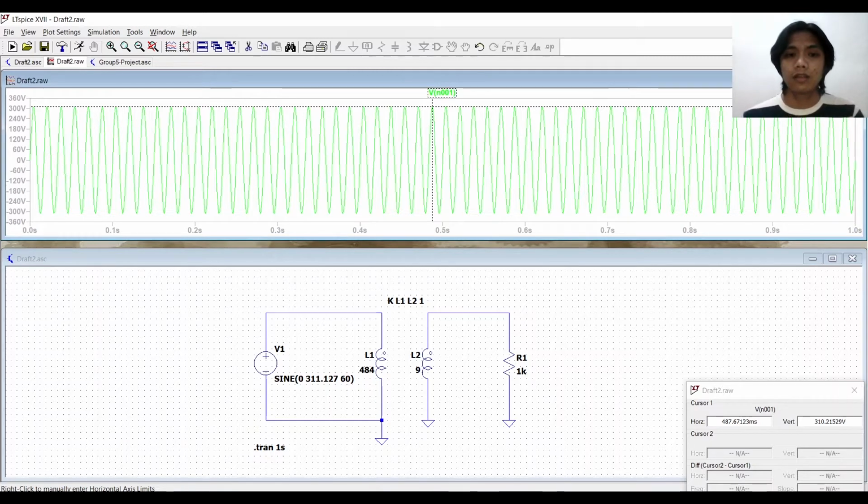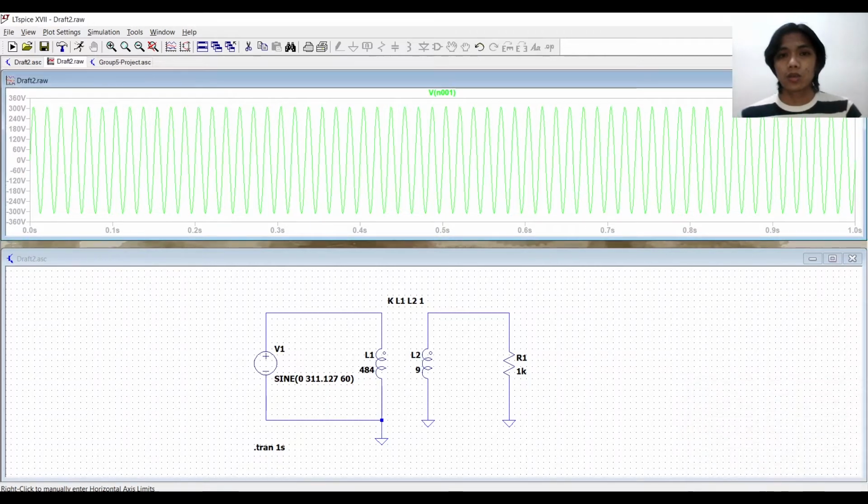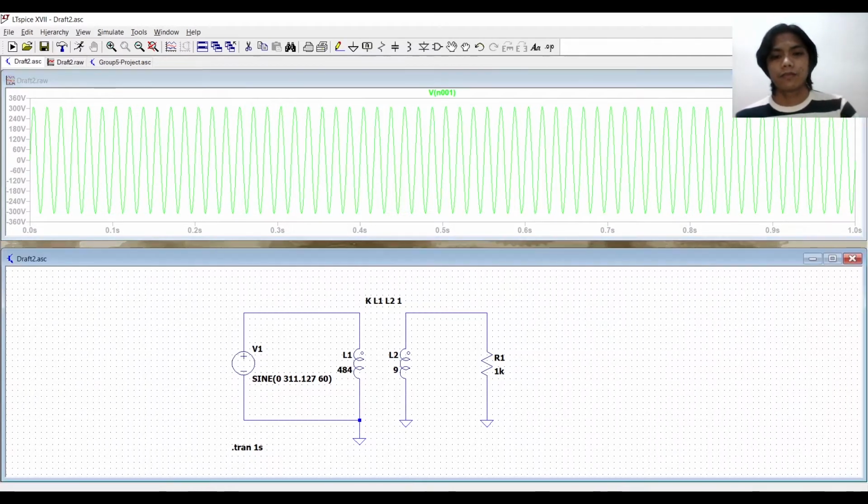Do note that the voltages from here on are not in the ideal setting, so there will be some discrepancies, although they will be somewhat negligible and close to the theoretical value, so we can just approximate them to be the same.